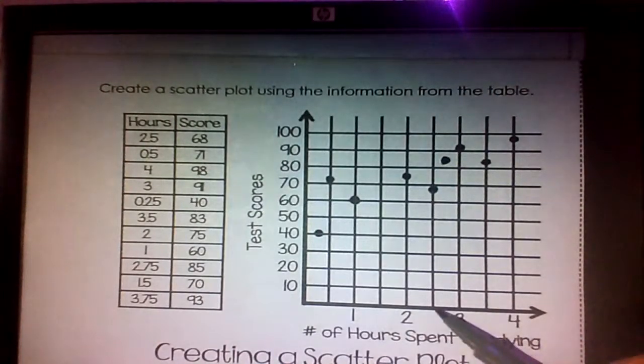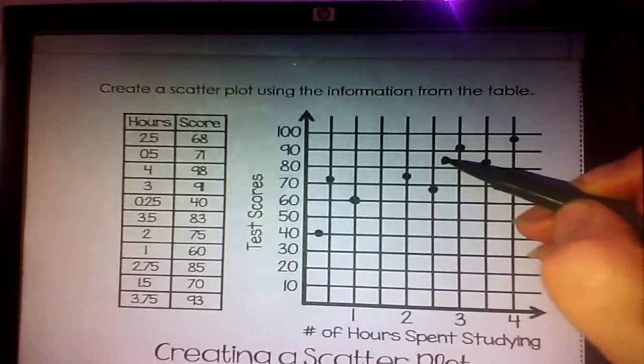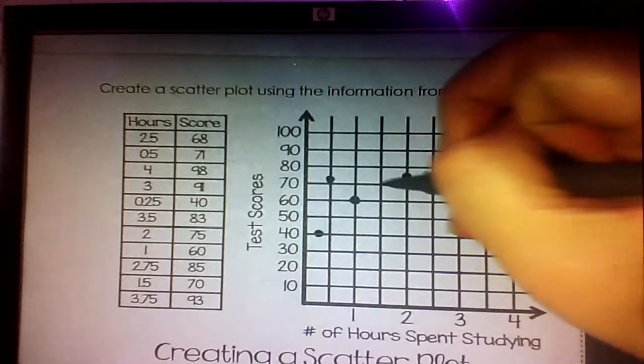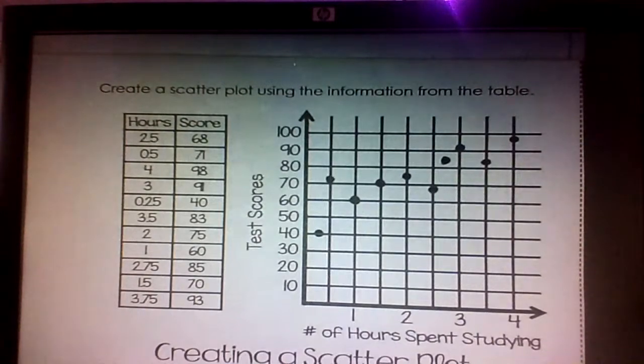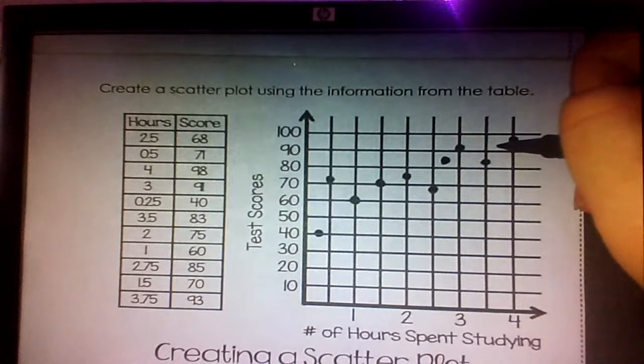So it's in between 2.5 and 3, and then in between 80 and 90. So it's going to be like right here. 1.5 comma 70 and 3.75 comma 93. So like right here.